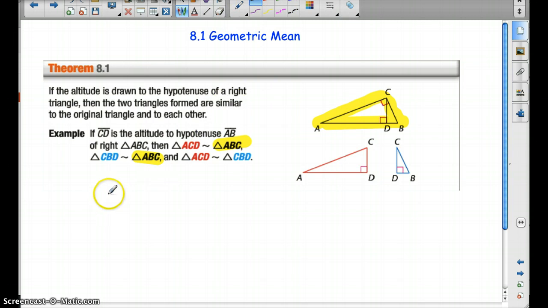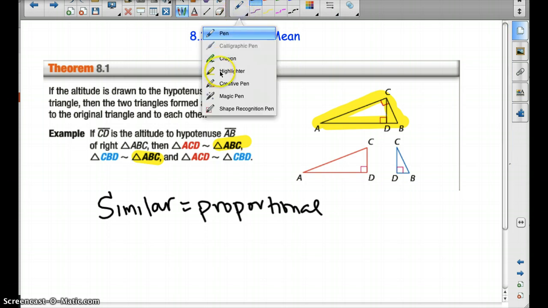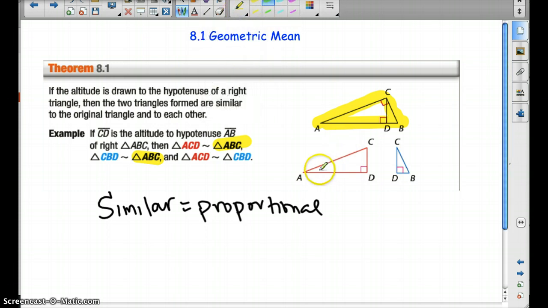Right, similar means proportional. And in that packet yesterday, we were forming proportions. We were setting proportions equal to each other and cross-multiplying to solve. So that's going to come full swing here in this section.